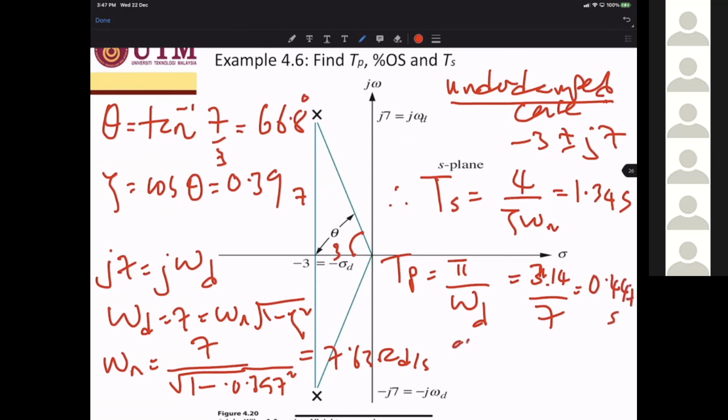And lastly, the overshoot. Exponent minus pi divided by zeta multiplied by the formula from before.